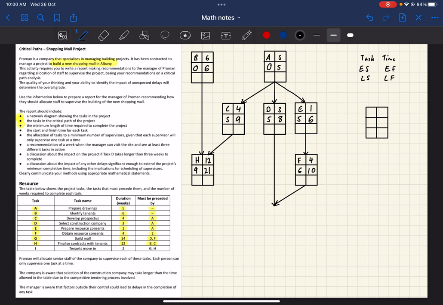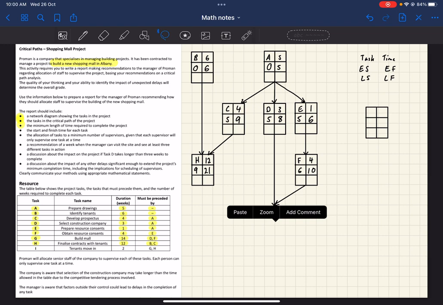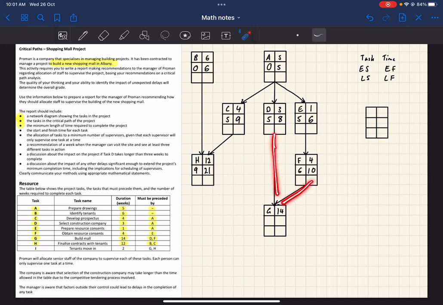We've got task G, which takes 14 weeks, and it's after D and F, so I've got those two lines there.